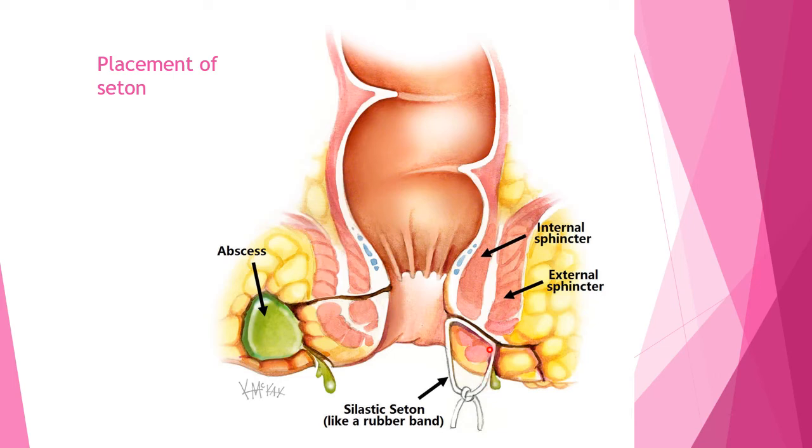They produce an inflammatory reaction that causes fibrosis of the tract. During this healing process, it also helps drain whatever infection is coming, so that the tract is then fibrosed and healed without infection, thereby sealing the tract.